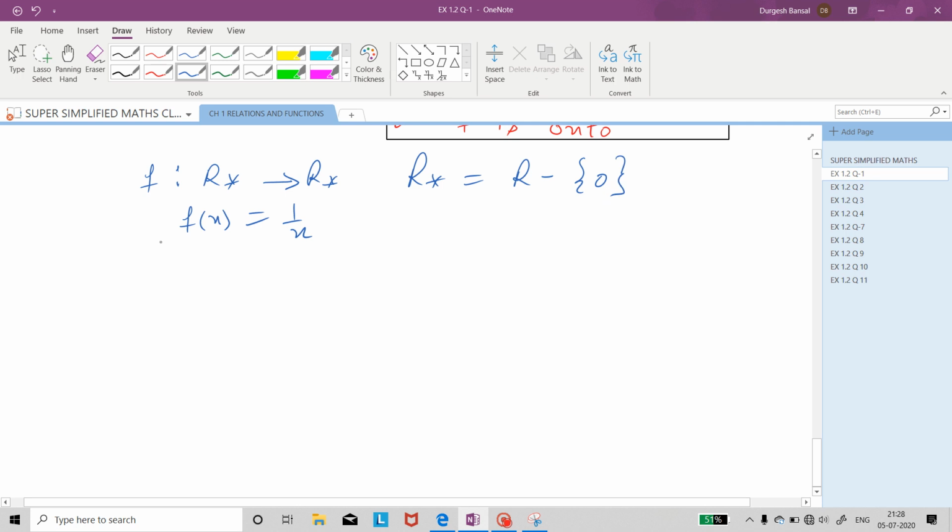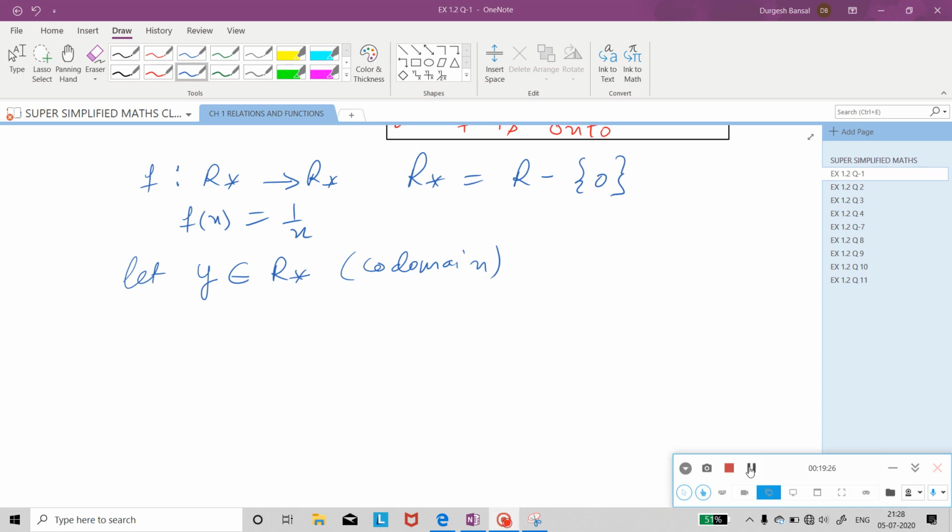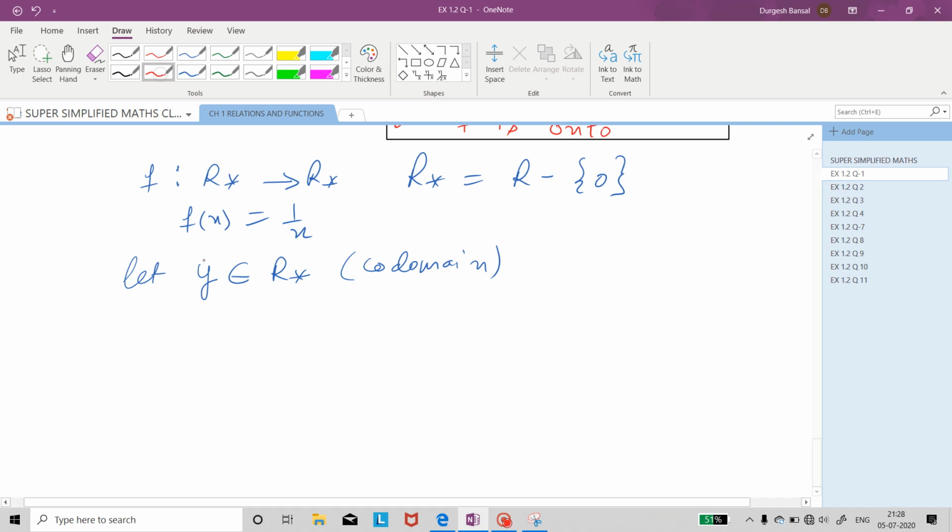So I explained that here we have to use method 1. For that I assume, let there be any y belonging to R star. Here R star is the codomain set because y always belongs to the codomain set. If y belongs to R star, then let y be of the form f(x).